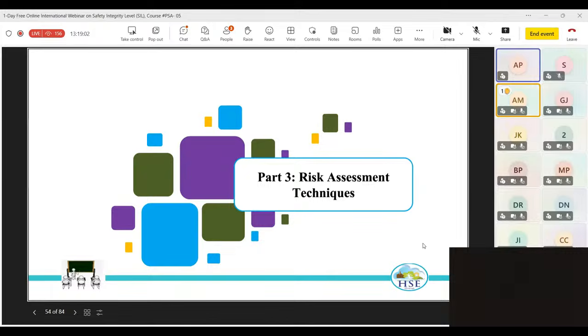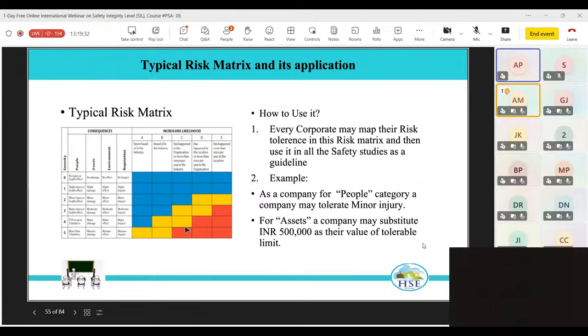What SIL, safety integrity level, is required to bring it to your acceptable risk is decided by using certain techniques like LOPA. There are also some qualitative techniques, which decide how much risk you can reduce by using certain risk reduction techniques. So let us first understand what the risk matrix is.